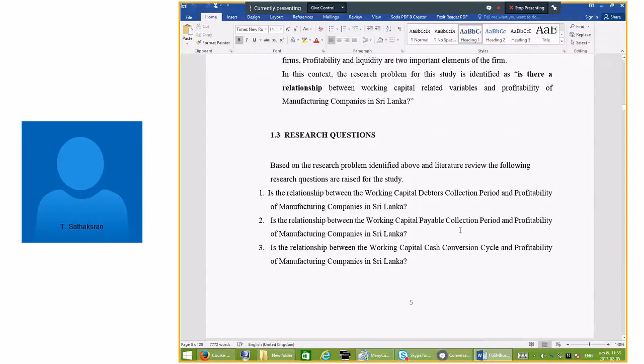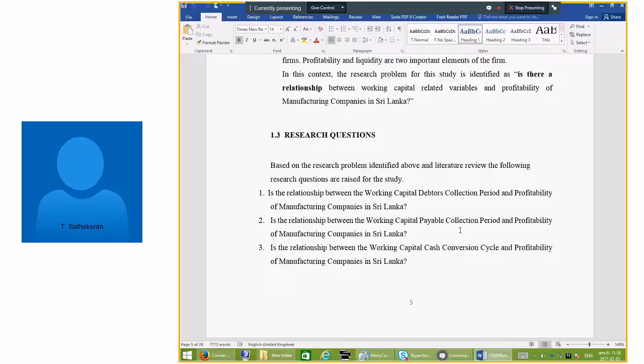To find out the relationship between the working capital collection period and profitability of manufacturing companies in Sri Lanka. Then the second one, to find out the relationship between the working capital payable collection period and profitability of manufacturing companies in Sri Lanka.